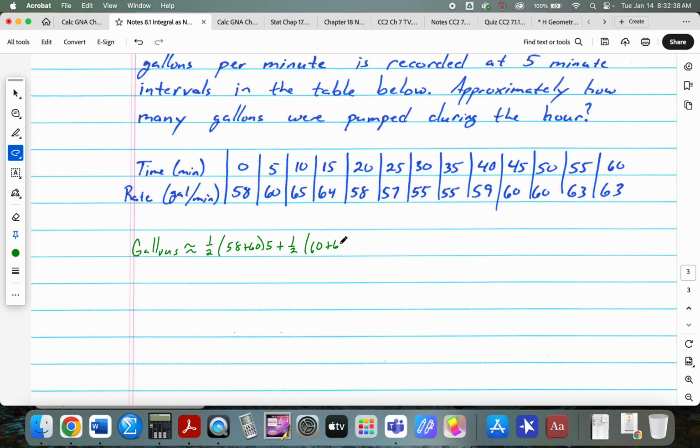You'll see in just a second. Times 5 plus half of 65 plus 64 times 5.